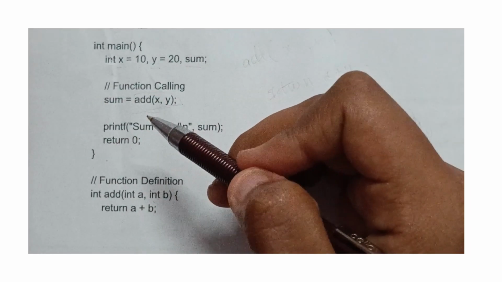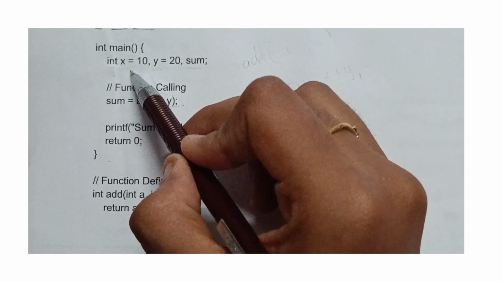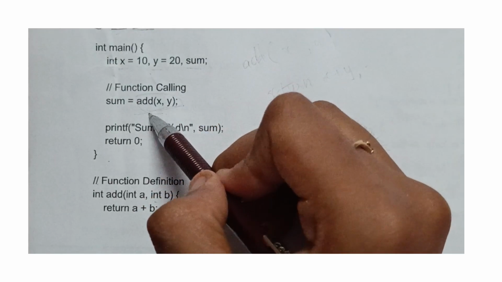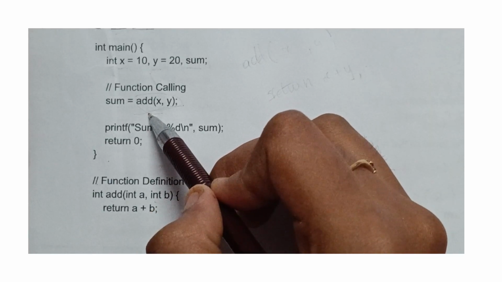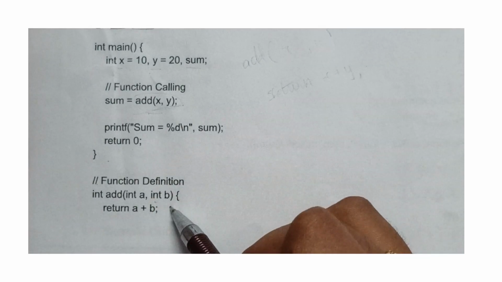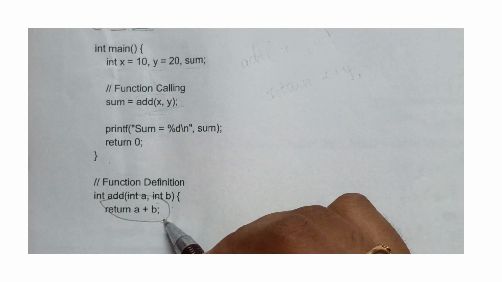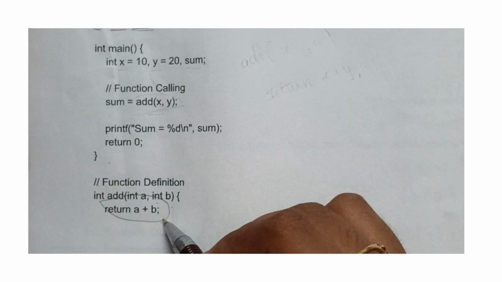After that we have declared two variables and given them two values, after which we are calling the function by its name. After that we have defined the function, that is given its block or set of logic that it performs when it is called.